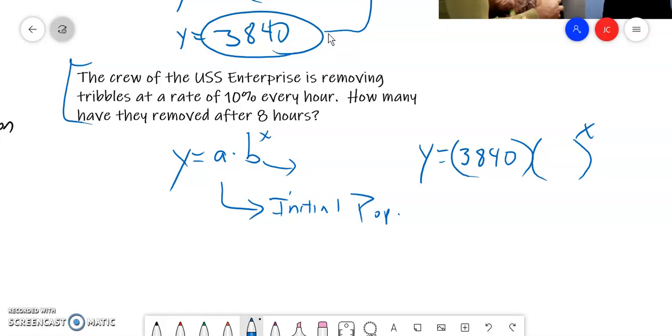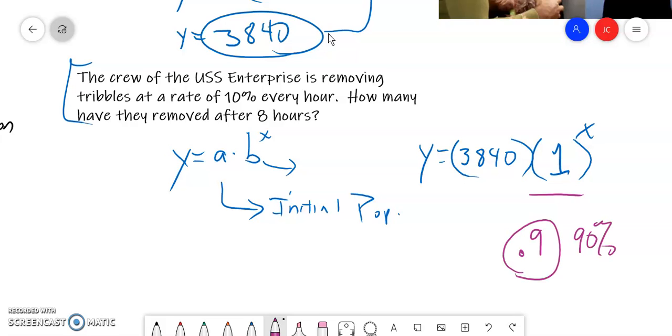So this is kind of confusing. If you said 0.1, you would actually be incorrect. Sorry. So let's think about this. If I put a 1 right here, this would be 100%. So if they were removing them 10% every hour, it would actually be 90%, or 0.9.